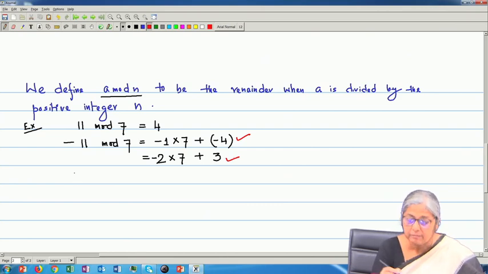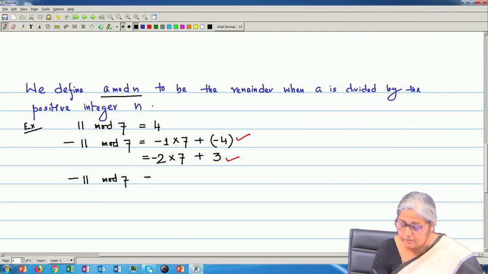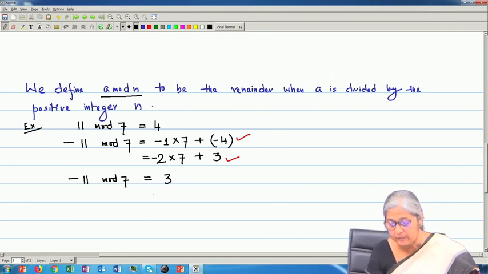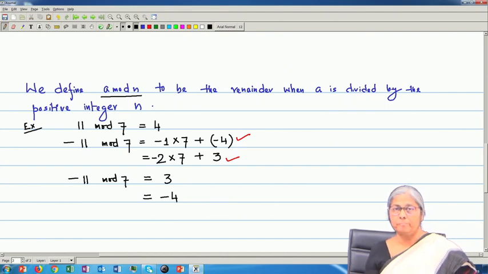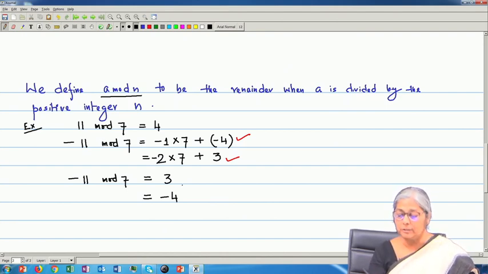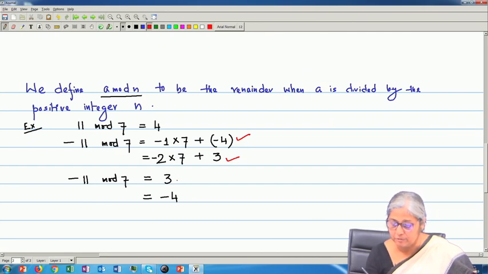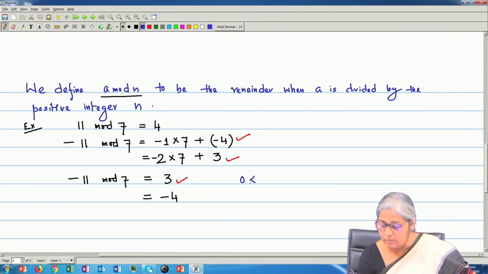So, minus 11 mod 7 I can write as 3, or even sometimes we write minus 11 mod 7 is minus 4, but normally the convention is that we give a positive integer, because we have defined that r is 0 ≤ r < n, and n is a positive integer.